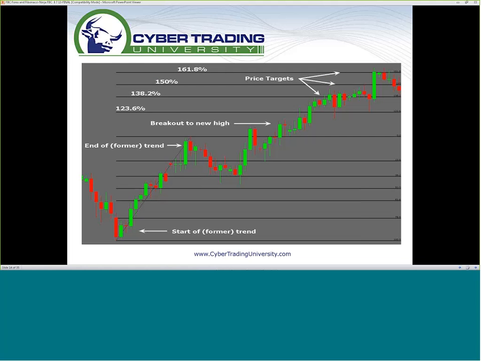The 138.2% level is very simply, again, the length of the entire trend plus an additional 38.2%. 138.2% of the trend, so to speak. These are our price targets. So we can see at 161.8%, the market eventually found resistance and reversed back down.